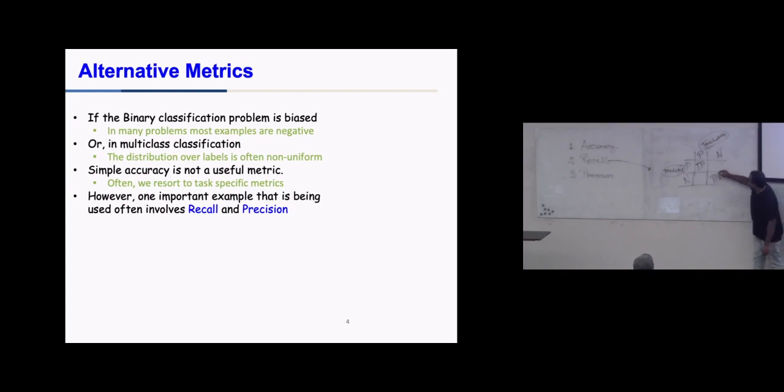Because the actual label is negative, the model is predicting negative. What is this? False positive or false negative? False positive. This is a false positive because you are predicting positive, but actually it's a negative.